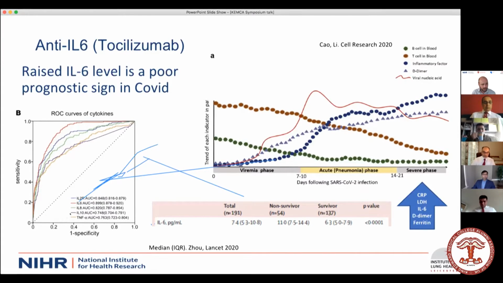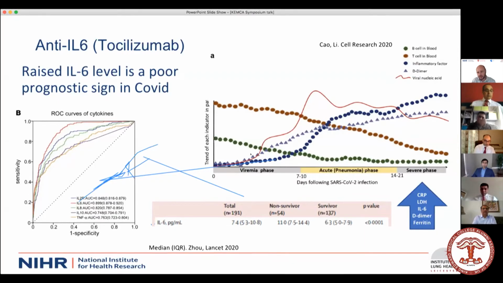So if we look at how dangerous and chances of mortality, a raised IL-6 is by far the most accurate. We can see that those who don't survive have a higher IL-6 value than those that do, and we can see that it rises as people become unwell.